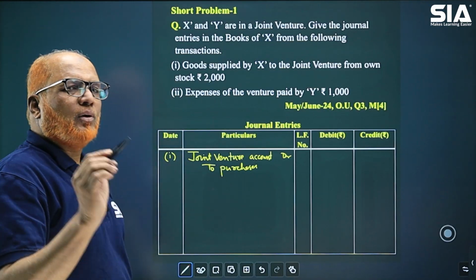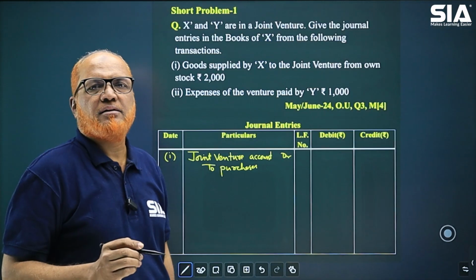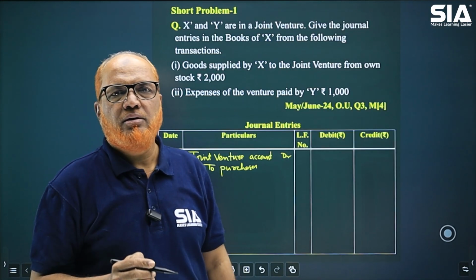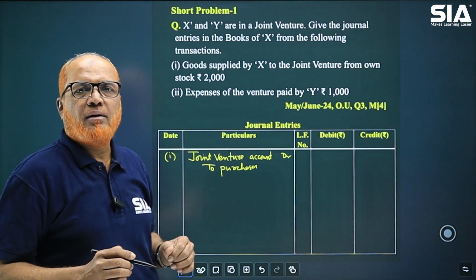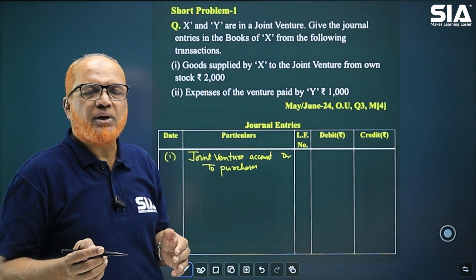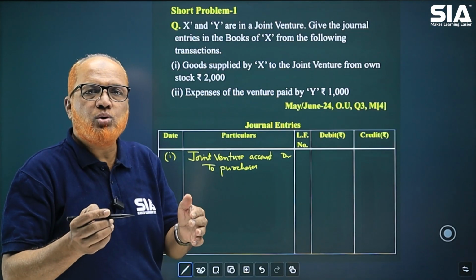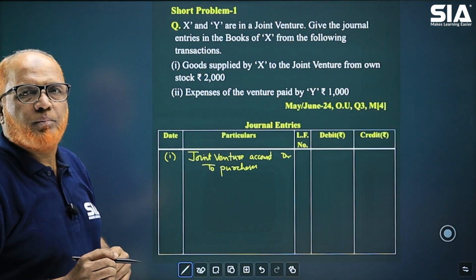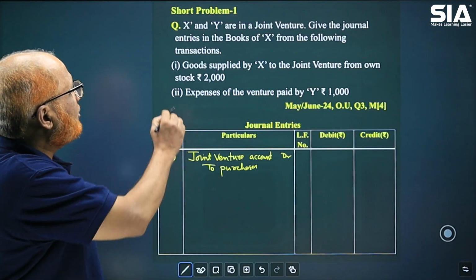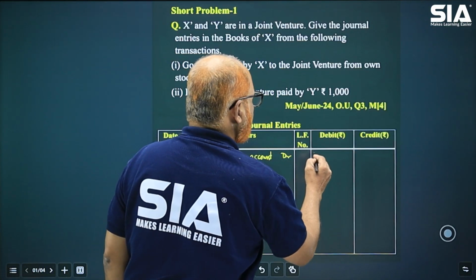Remember, if the goods are purchased by paying cash, the entry would have been joint venture account debtor to bank. But here, the goods are not purchased. The goods are used from his own stock. That means purchases account should be credited. What is the value of the goods? 2000.